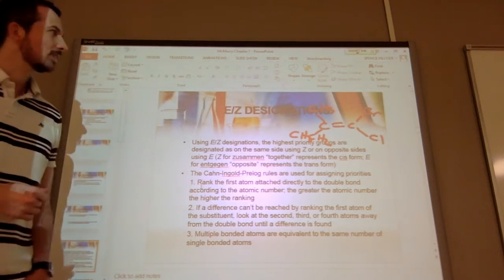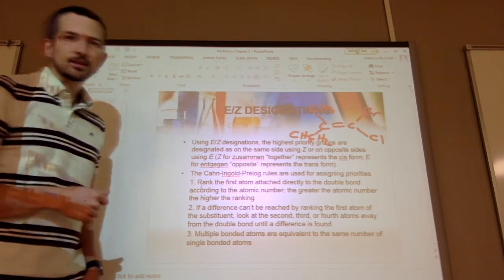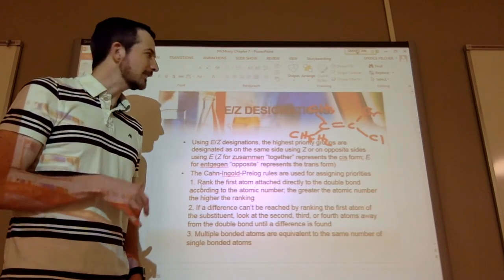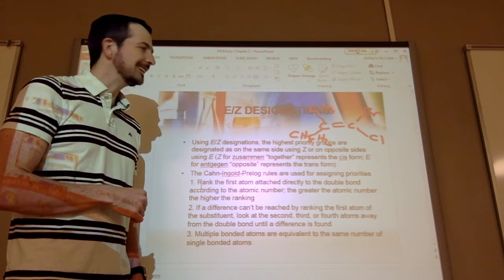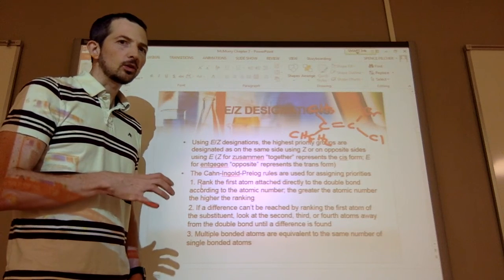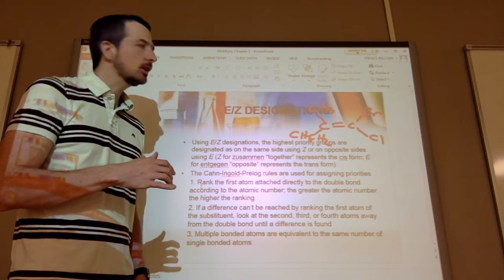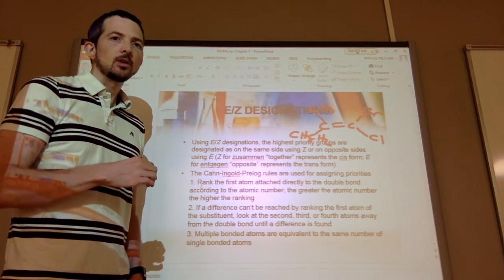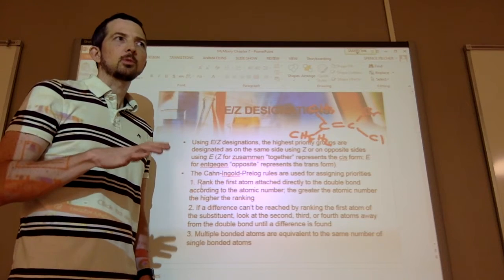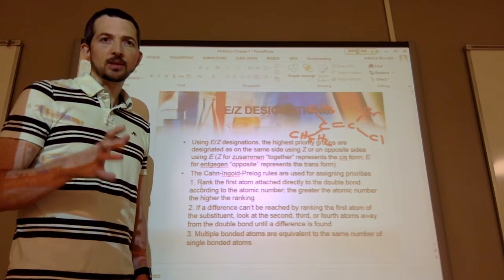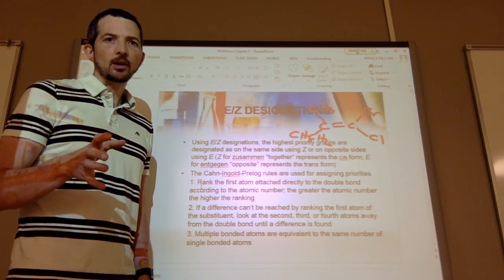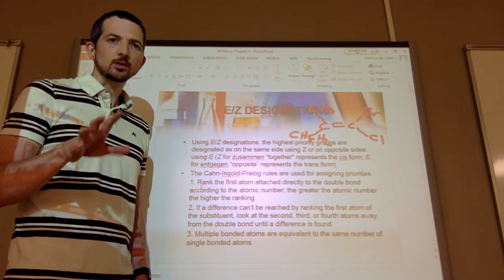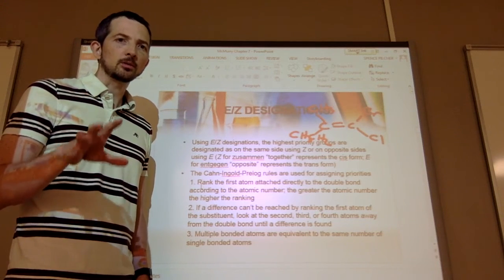We're going to use this new rule, known as E and Z designations. To do this, we assign priorities to the groups attached to the sides. You would have seen these same rules when we looked at stereochemistry in the R and S configuration. So it's the same Cahn-Ingold-Prelog rules.